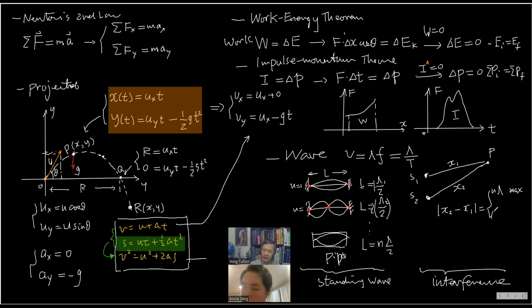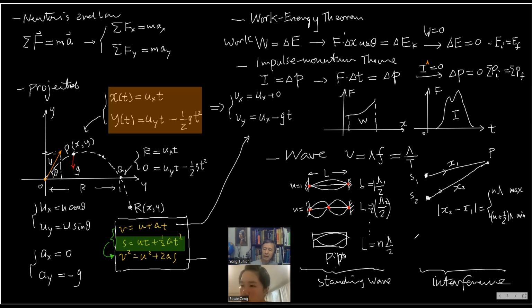However, if it is n plus a half, then you get a minimum. That is a summary of this interference. It very much depends on the difference of the path. S1 and S2 represent the two coherent sources.